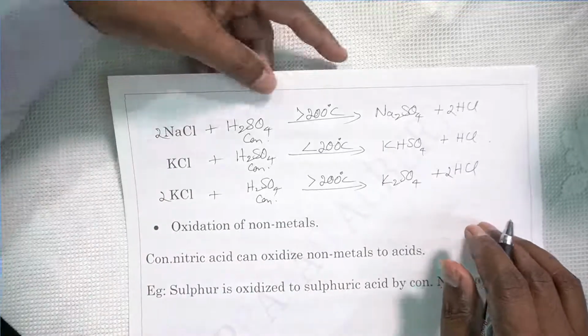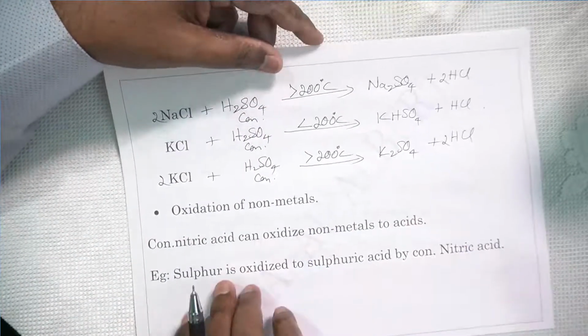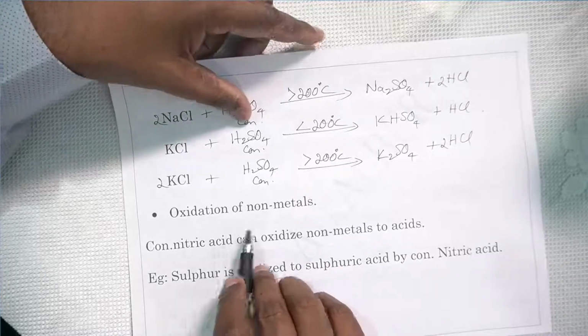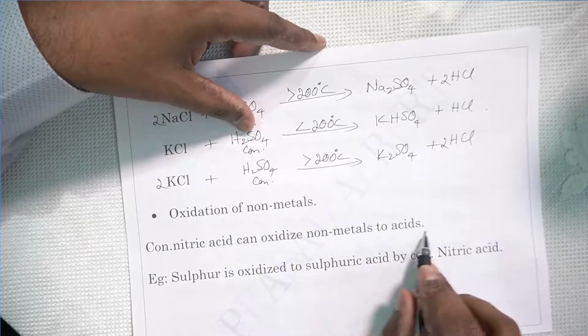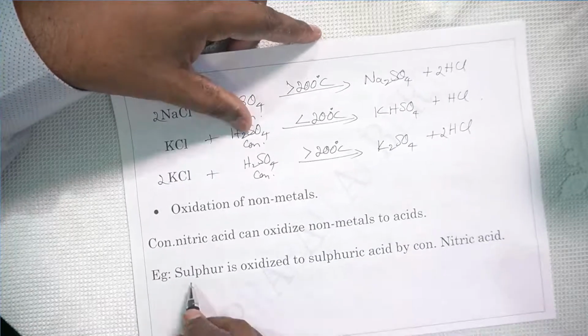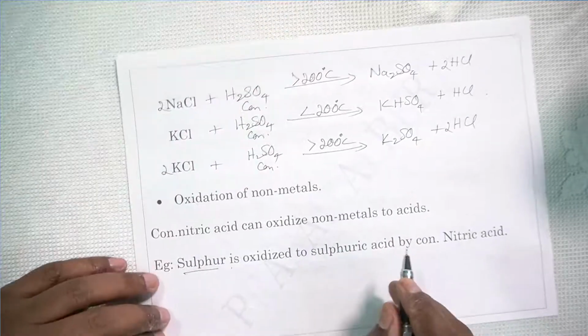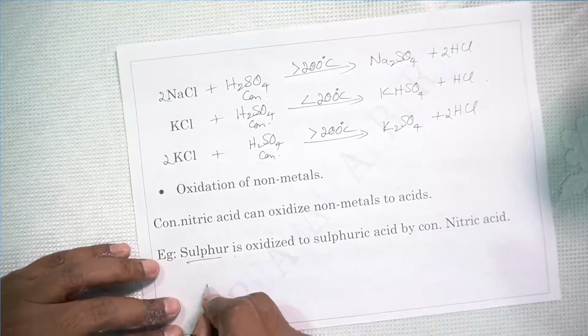See this. Now another method that we can use is the oxidation of non-metals. Concentrated nitric acid can oxidize non-metals to their acids, for example sulfur. Concentrated nitric acid is a powerful oxidizing agent.